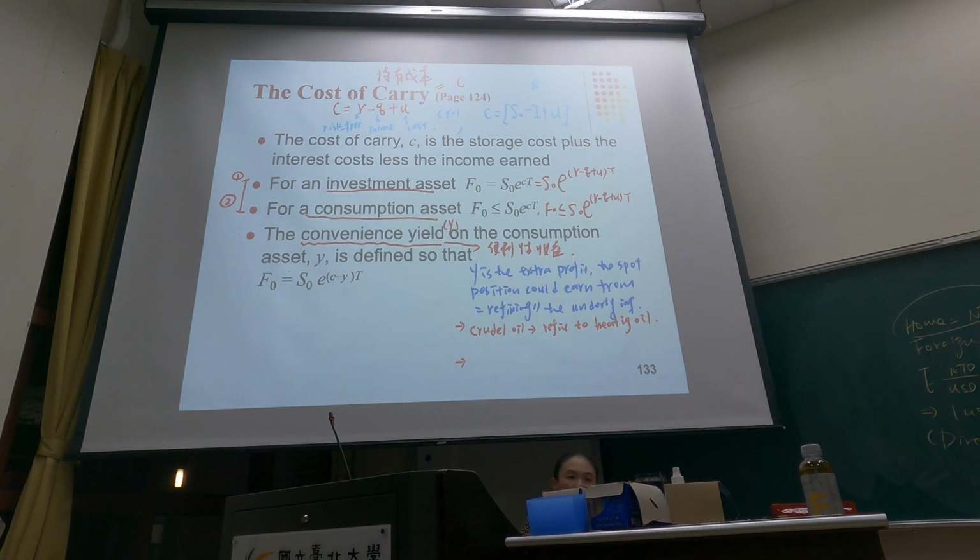Which one is more expensive, crude oil or heating oil? Heating oil, right? So if you are able to refine your spot position from crude to heating oil, it can bring you more income, and more income will serve as a deduction in your pricing model, agree? So it's a negative.